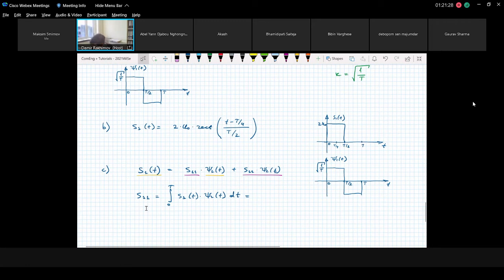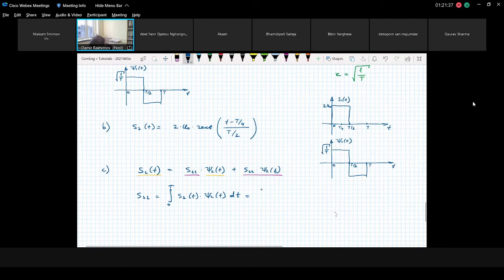As a result, I can slightly modify this integral and write that we need to calculate the integral from 0 to capital T over 2 of 2 times u0 times 1 over square root of T, dt. And as a result, we get u0 times square root of T. This is what we get if we calculate this integral.